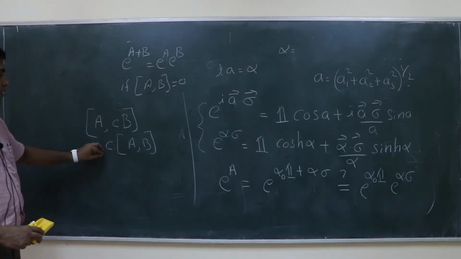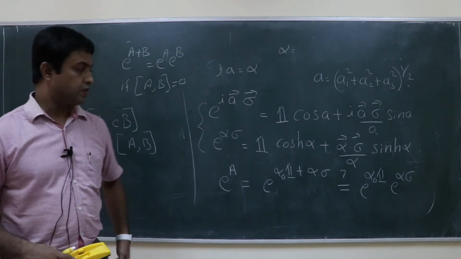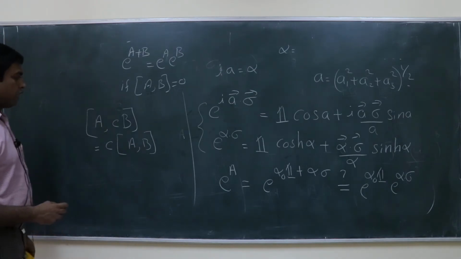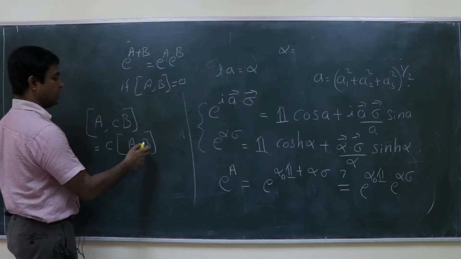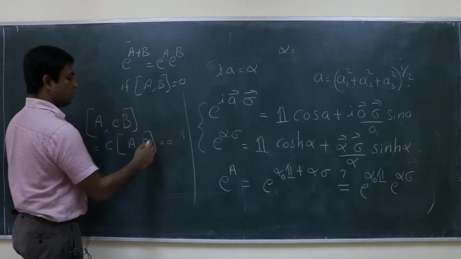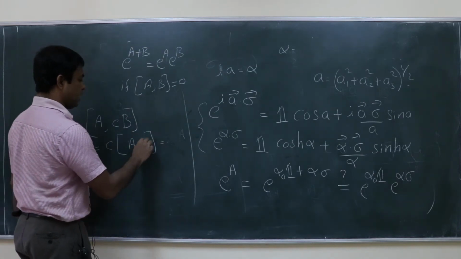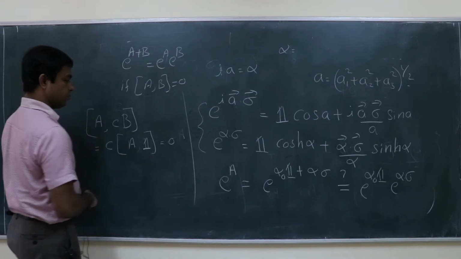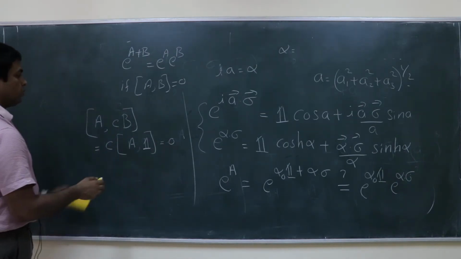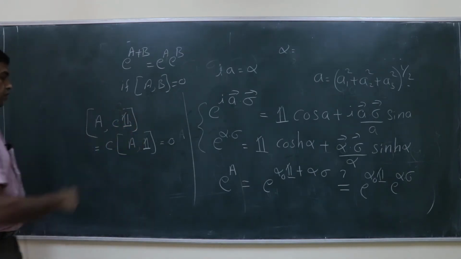Yes, sir. Yes, you can do that. So if A and B commute, obviously this is equal to 0, otherwise it is not. So instead of B, if I have I, then it is 0. So A with C times I is 0.